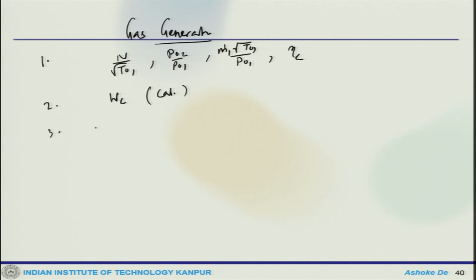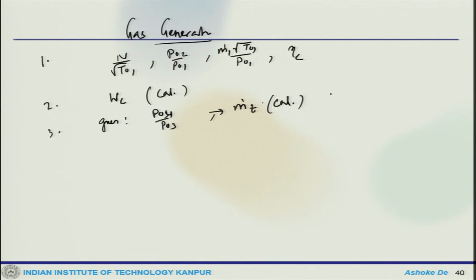Then you guess some value of pressure ratio for the turbine, and the turbine mass flow rate m dot T should be calculated with this guess value.